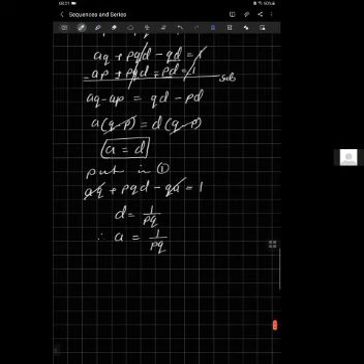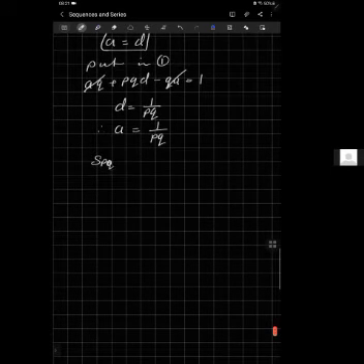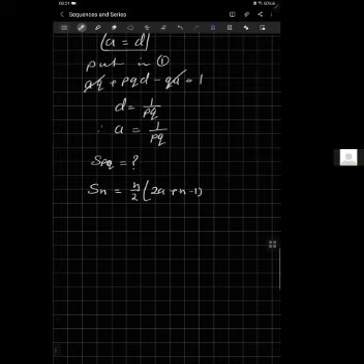Now we need to find S_PQ. So we know that Sn is equal to n upon 2 into 2a plus n minus 1 into difference d. Now we are asked to find the value of S_PQ.